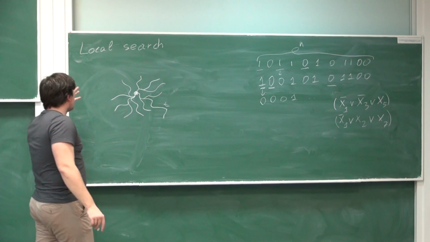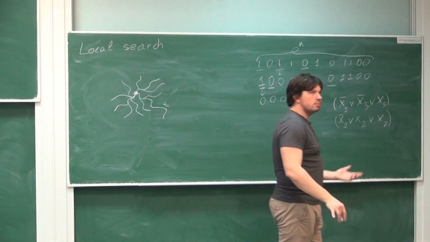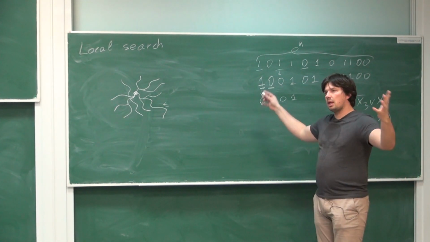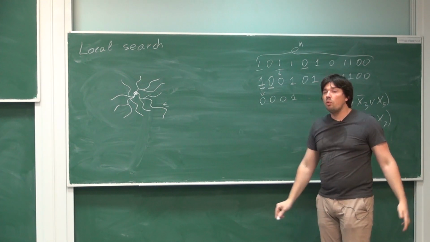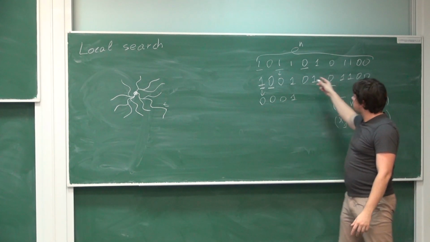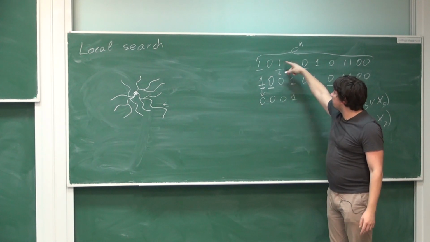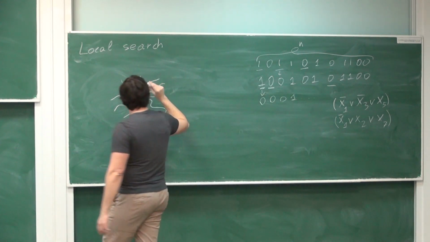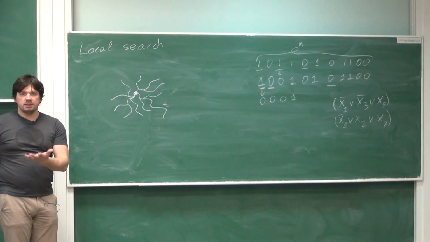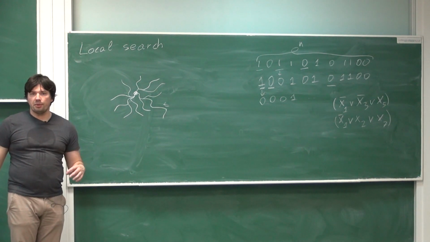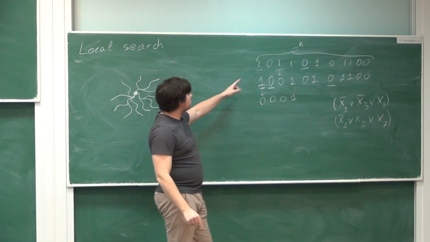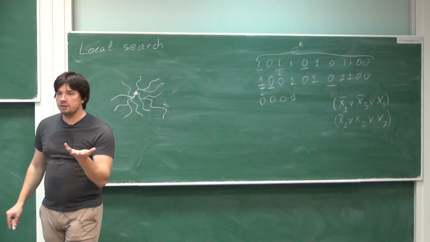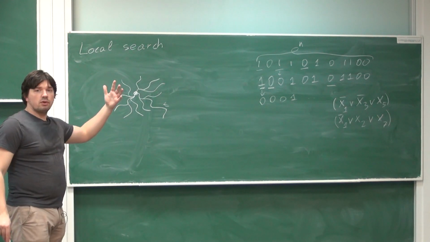So why is this any better than just going through assignments one by one? Well, as we discussed here, when we're doing this first step, we can get closer to the correct solution with probability at least 1/3. We know that in one of those three locations, our current assignment differs from the one we are looking for.